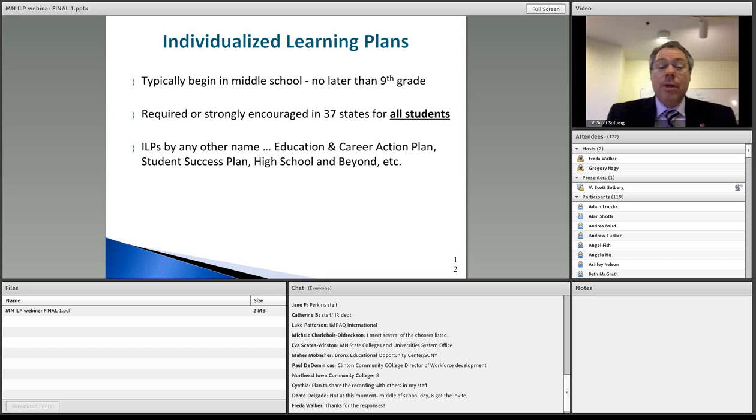Most places are looking at middle school as the start point, certainly no later than 9th grade, updated annually. They're called by many different names, and I know we've got other states on the call. So on the National Collaborative website, you'll see a reference at the end if you want to see what your state looks like, whether it's mandated or not. We have a list of the 37 states and their names as well.